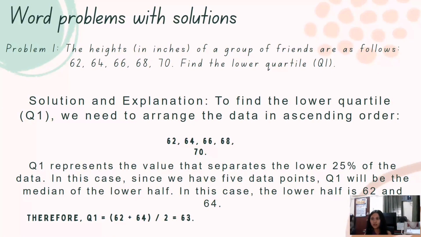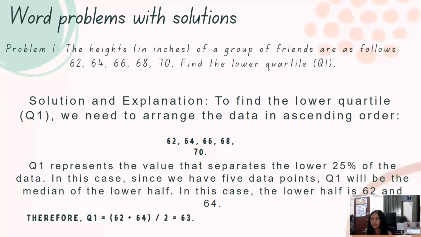Find the lower quartile, which means the first quartile or Q1. Solution and explanation. To find the lower quartile, we need to arrange the data in ascending order. As it is done, arranged. Q1 represents the value that separates the lower 25% of the data.